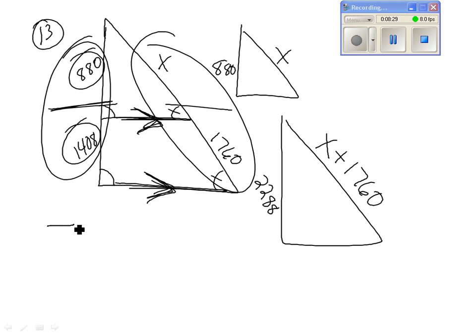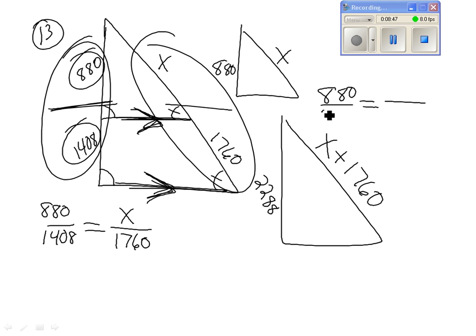So we could set up this proportion, and it's a little easier: 880 over 1408 should equal X over 1760. That's a whole lot easier than the proportion we would have had to do over here, which was 880 compared to 2288, and X compares to X plus 1760.